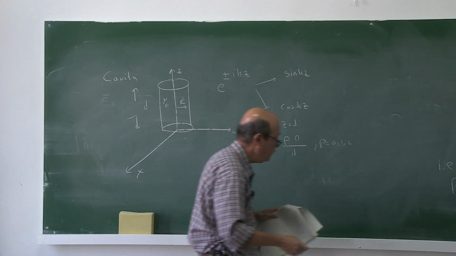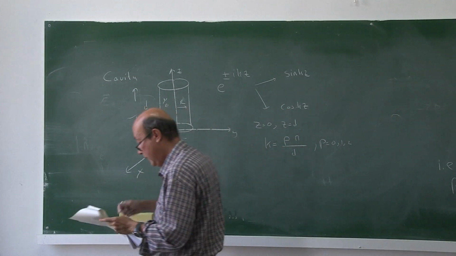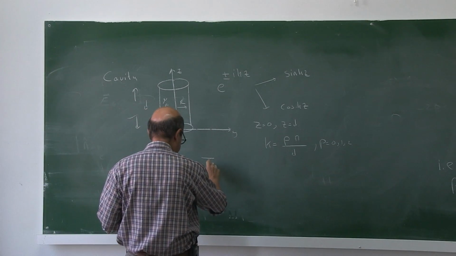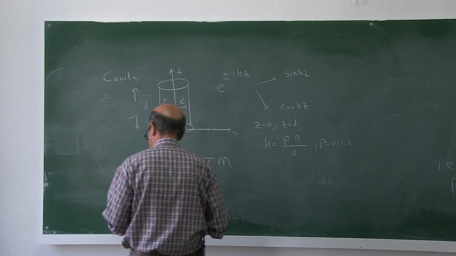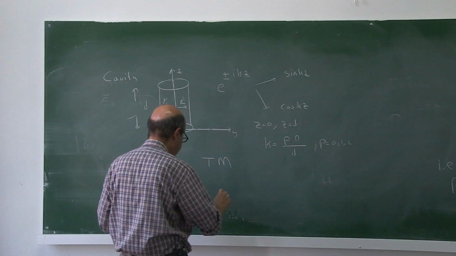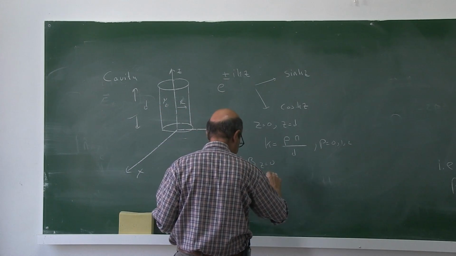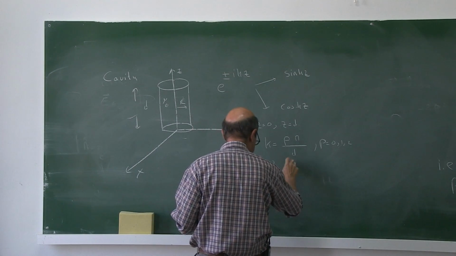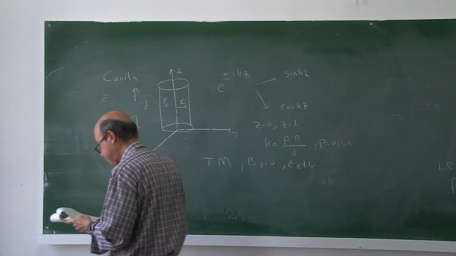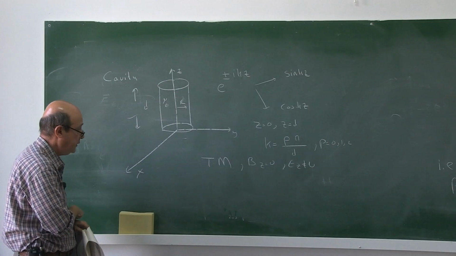Since we started to work on TM all the time, today and last time, let us go on with the TM, transverse fields for TMs. So for TMs again, Bz equal to 0, Ez is not equal to 0, and what kind of boundary condition can you put?